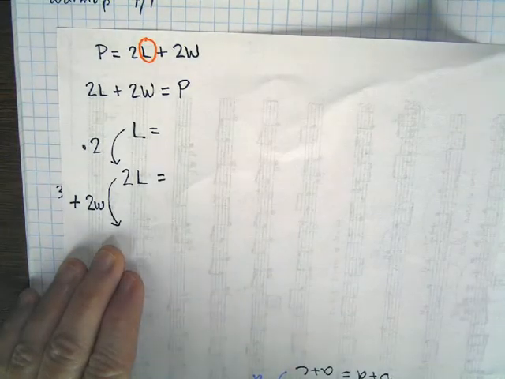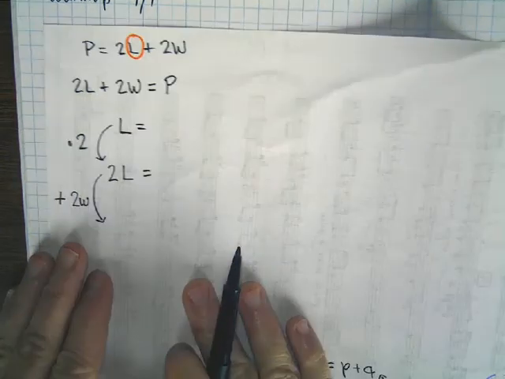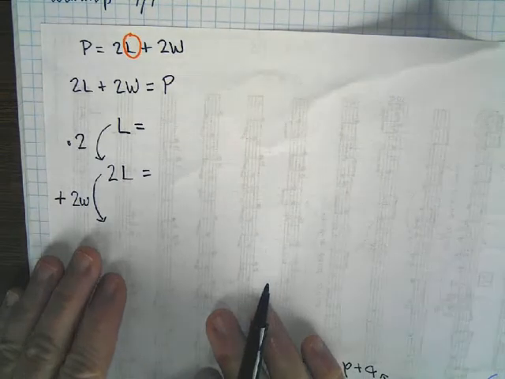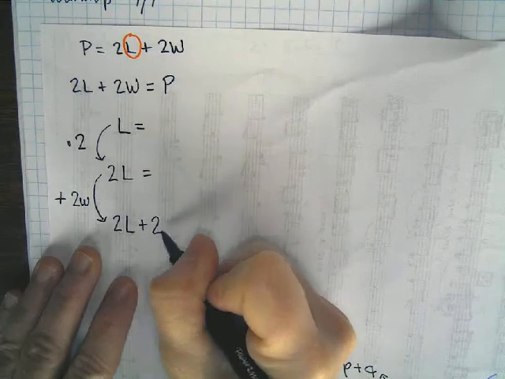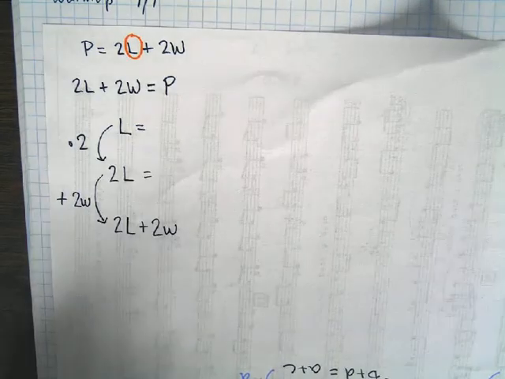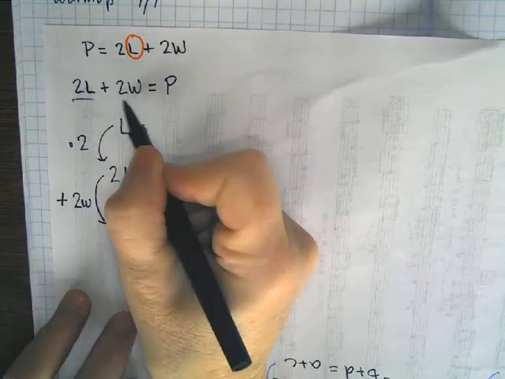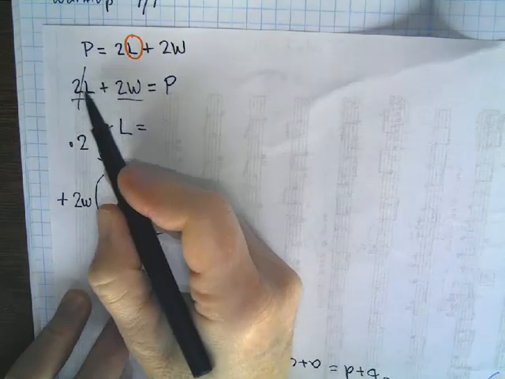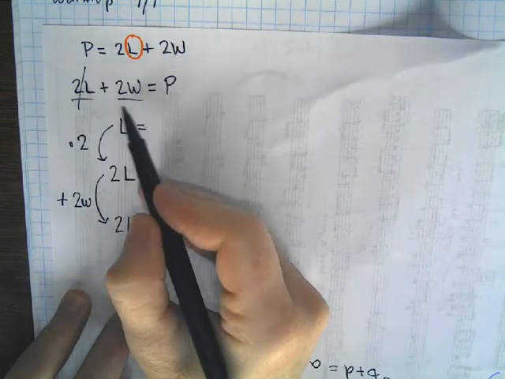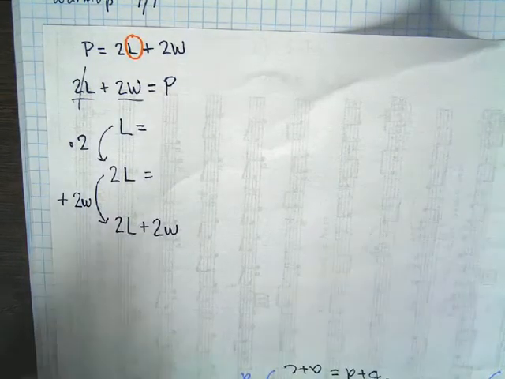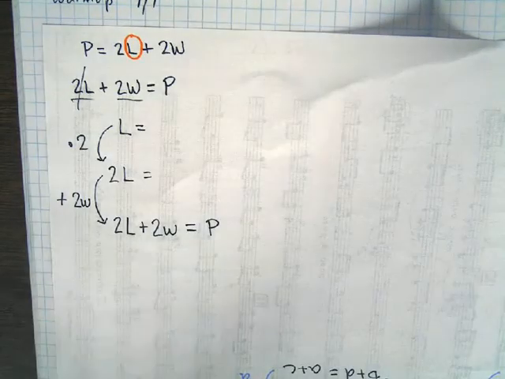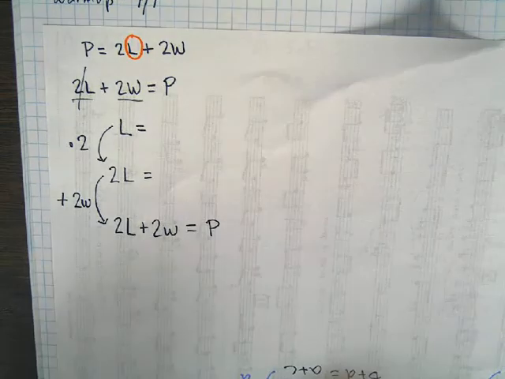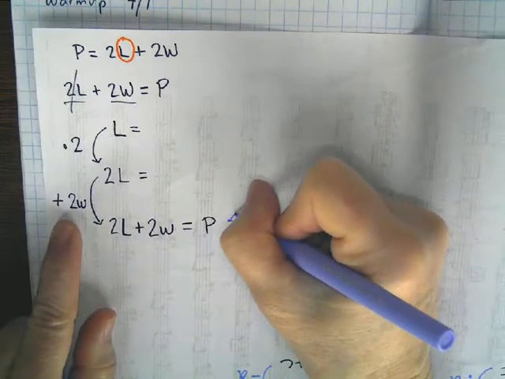So we're not going to break up the 2 and the W. It's being added by 2W. And that gets me 2L plus 2W. Okay, so you can think about it if we had parsed it. What's happening to the L? It's being times by 2 and added by this term, 2W. That gives me P. Now I want to do the opposites. The opposite of plus is minus.